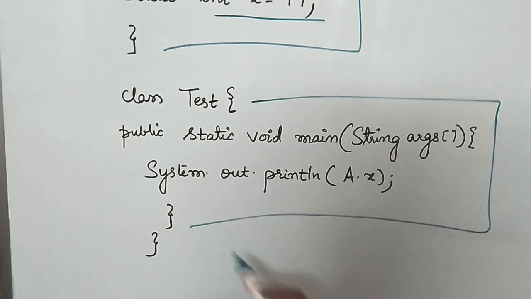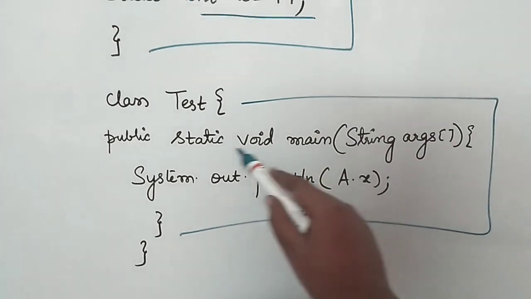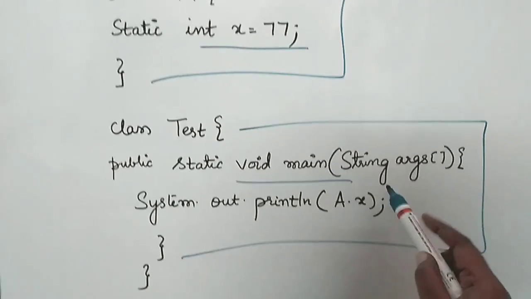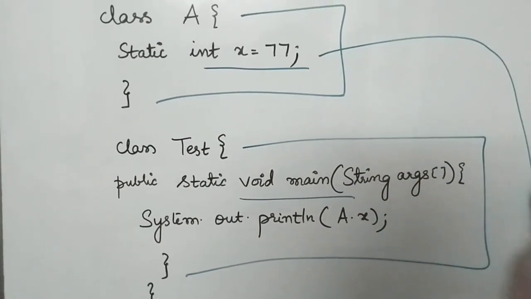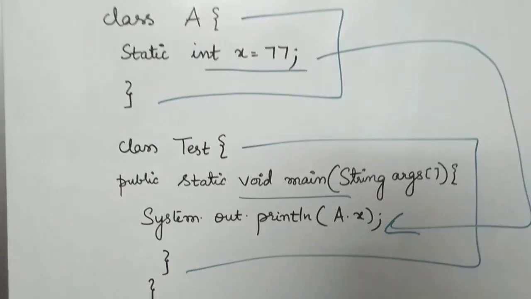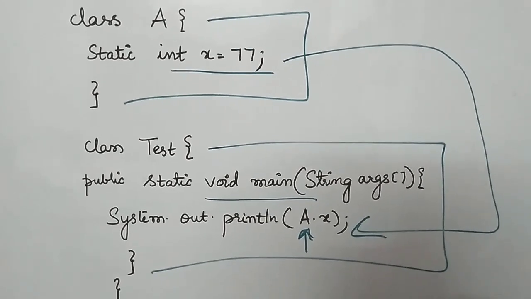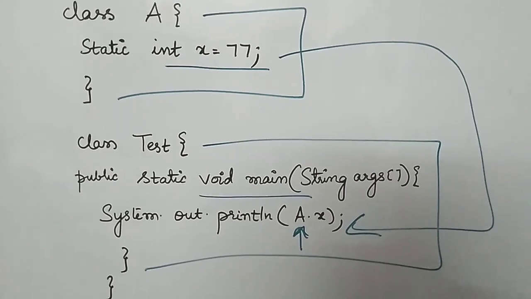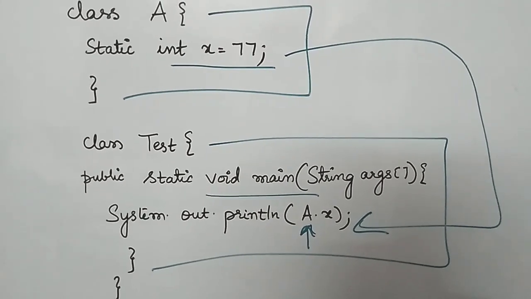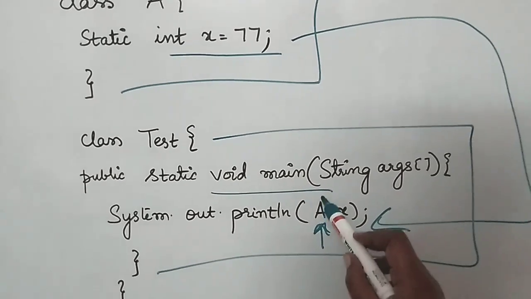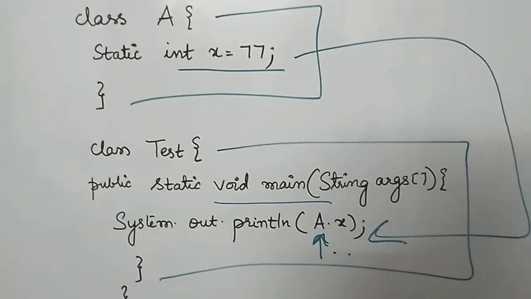We are trying to access x from a static method. To access that, we need the fully qualified name: the class name dot the static variable name.